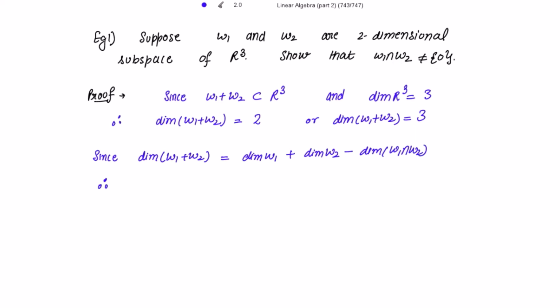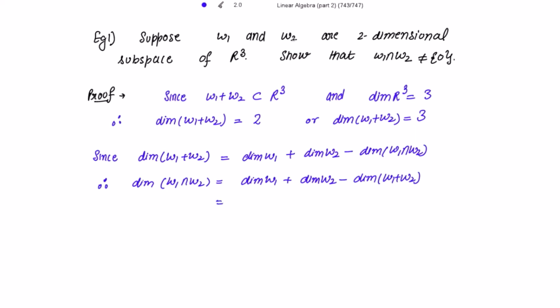For that, we have to find the dimension of W1 intersection W2. If this dimension is 0, then we cannot get the result. So this dimension should be non-zero. Taking this intersection to the other side, it is equal to dimension W1 plus dimension W2 minus the dimension of their sum.